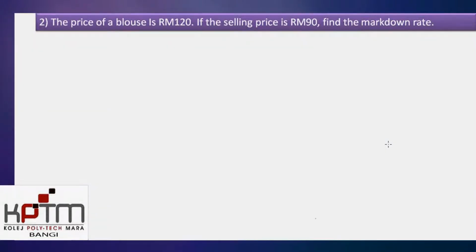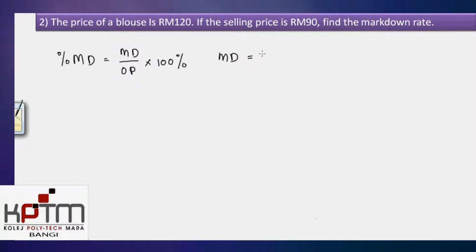Question number 2: the price of a blouse is 120 ringgit. If the selling price is 90 ringgit, find the markdown rate. To find the markdown rate, we will use the formula percent MD equals markdown MD divided by old selling price OP multiplied by 100%. First, we must find the value of markdown MD.